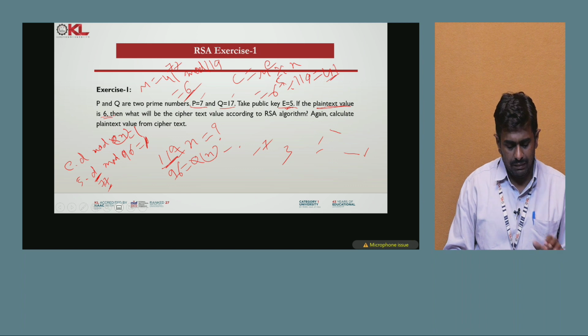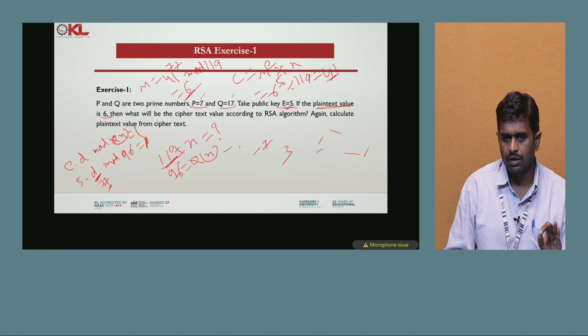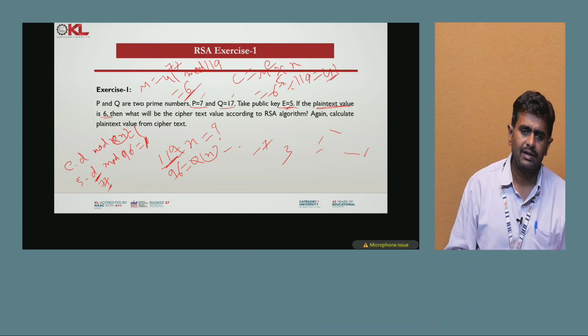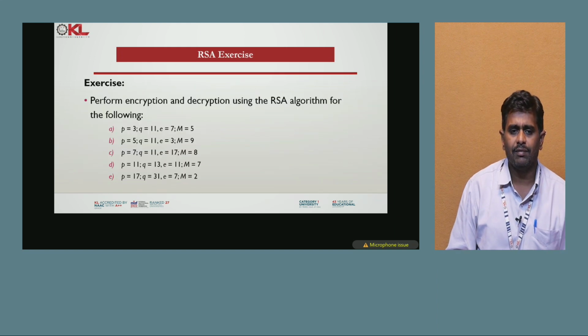Original plain text, in exams they will ask questions like this, right? We need to calculate the plain text value from the ciphertext value according to the RSA algorithm. Like that we need to calculate this c value and m value.